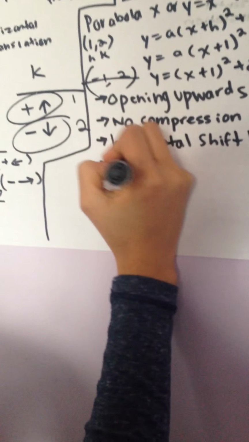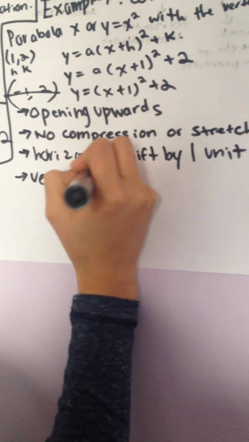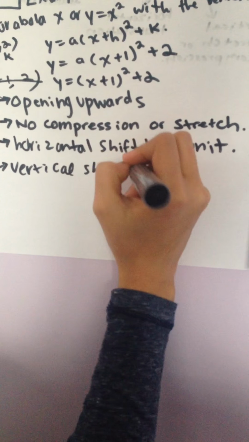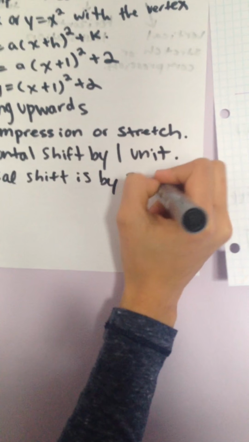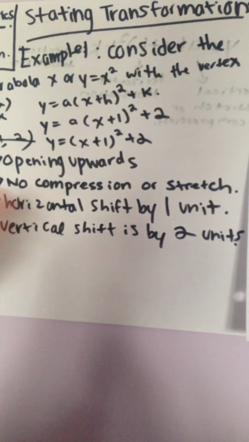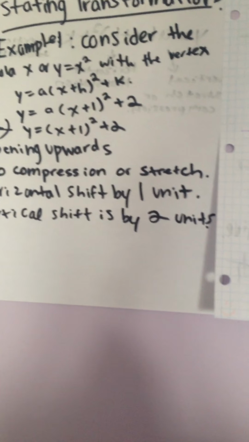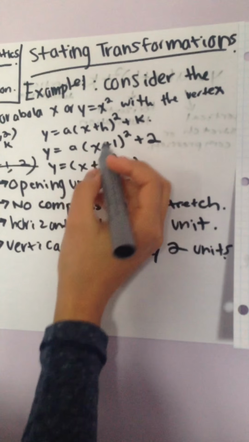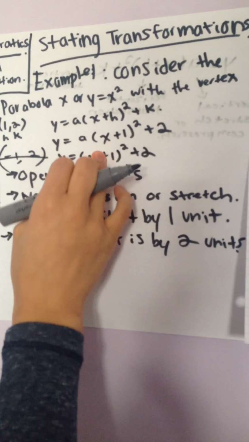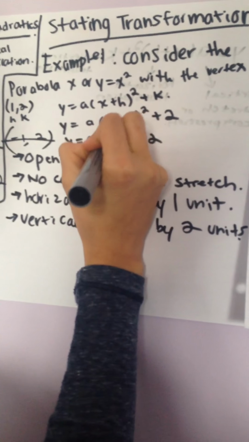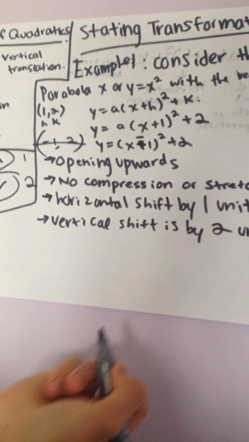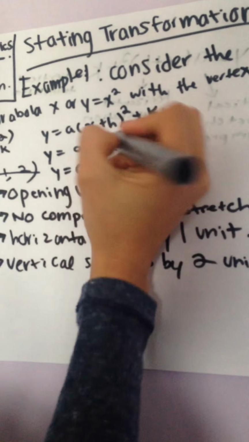And the vertical shift is by 2 units, because the k value represents the vertical shift on the y-axis where the parabola would move. Over here, where I wrote positive, they're supposed to be negative, because in the previous video I mentioned that the integers' signs have to switch.